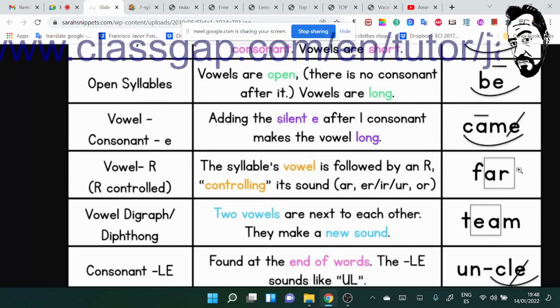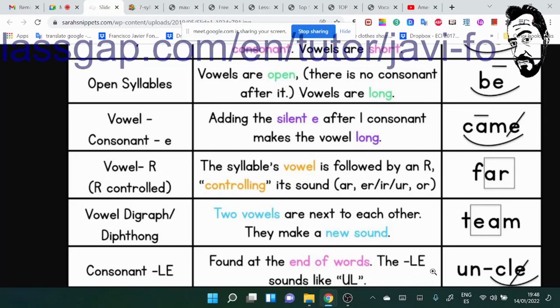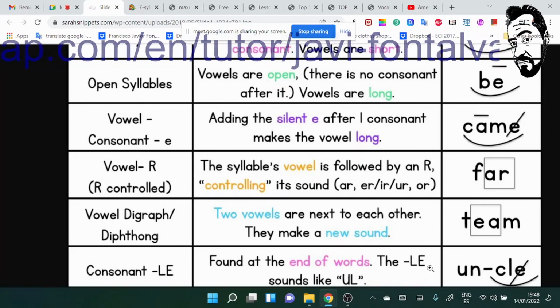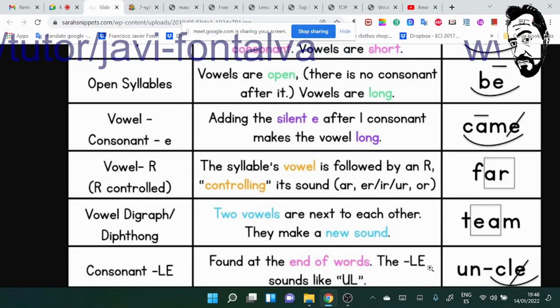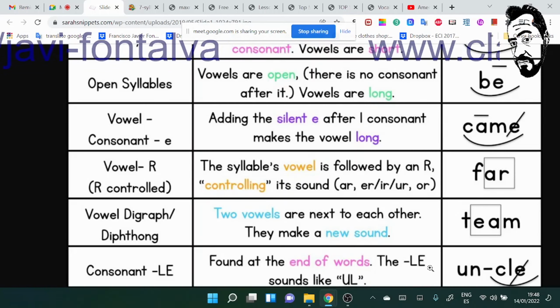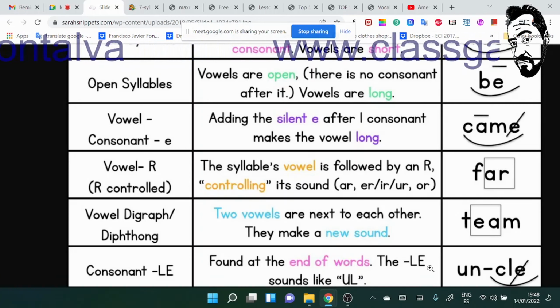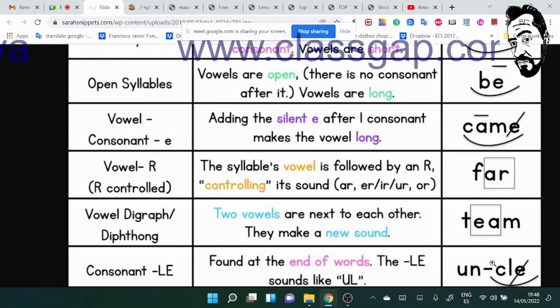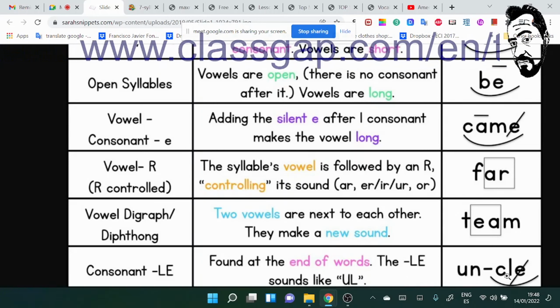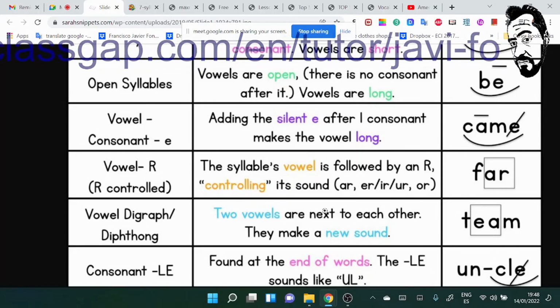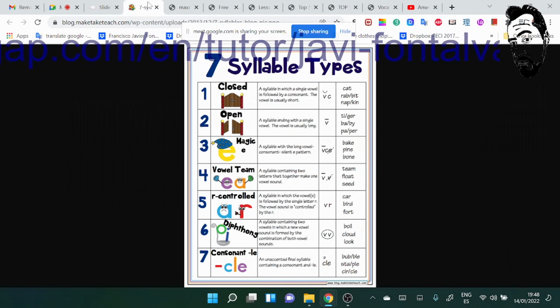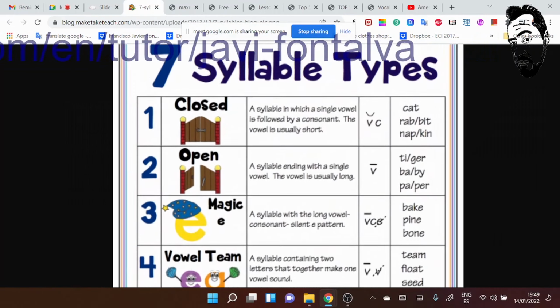It's a syllable, so you have to read it. The way you pronounce this LE, sometimes could be IL, or it could be LE. The pronunciation is always the same. It's all. So for example, here we say uncle. There you are.